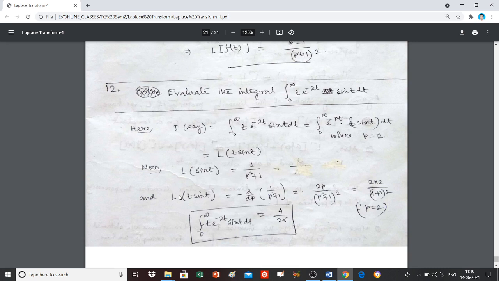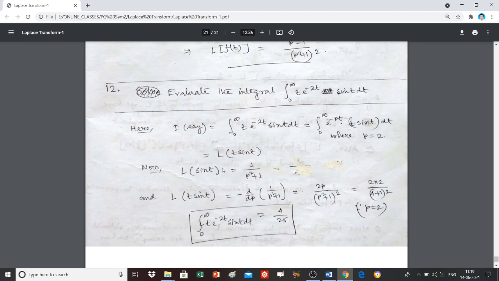And also you know the Laplace transform of t sin t. This has the form x sin x, that is, it has the form x to the power n f(x), and the Laplace transform of x to the power n f(x) is minus 1 to the power n, then d n by dp n of F(p).